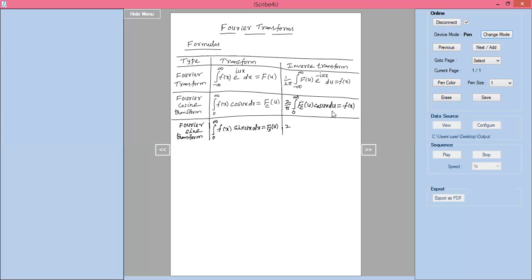Inverse: 2 by pi into integration of 0 to infinity Fs of u into sin ux into du equals f of x. So this is the Fourier sine transform formula I have written.